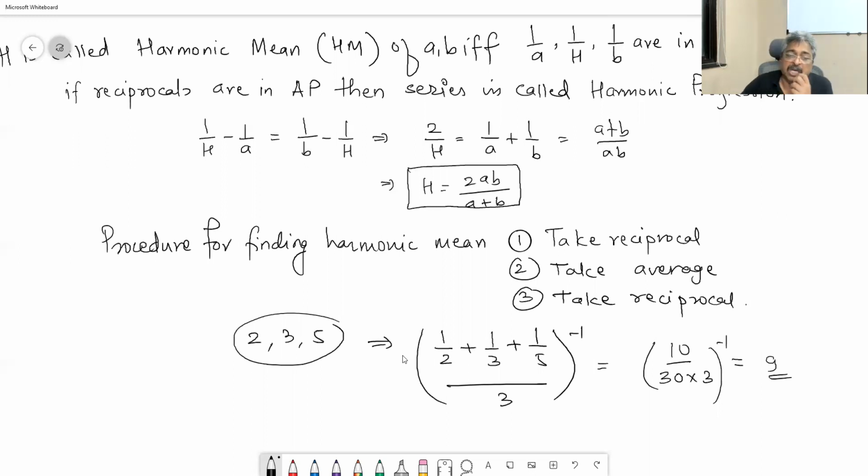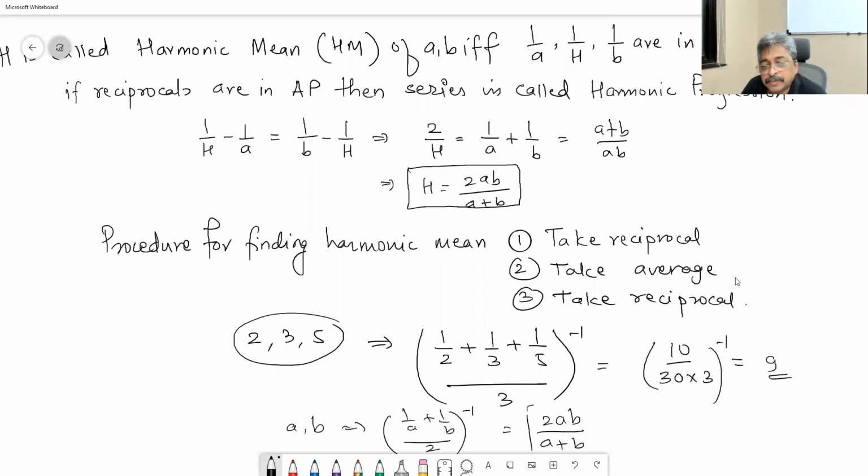So harmonic mean of 2, 3, 5 is 9. Take reciprocal. So harmonic mean of a and b is: take reciprocal, take average, take reciprocal, which is 2ab upon (a plus b). This one. Okay. Good.